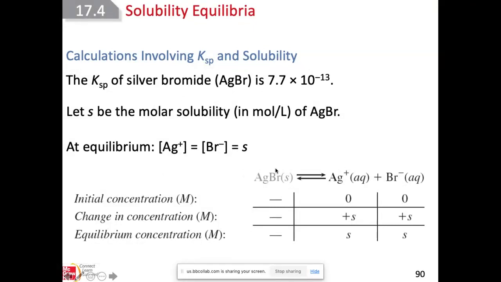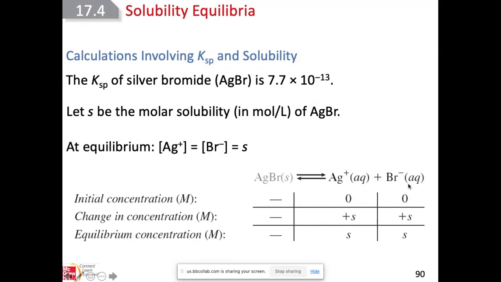So again, we will put together the ICE table: AgBr solid makes Ag+ and Br-. At the beginning we have some amount of AgBr, but it's a solid, so it doesn't matter. At the beginning, the ions are not present; their concentrations are 0.